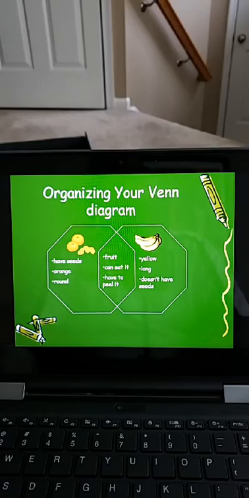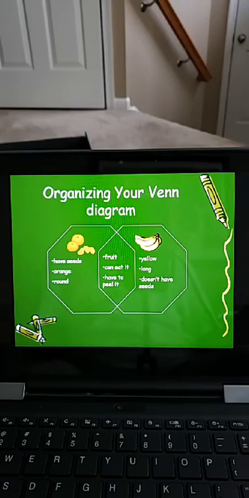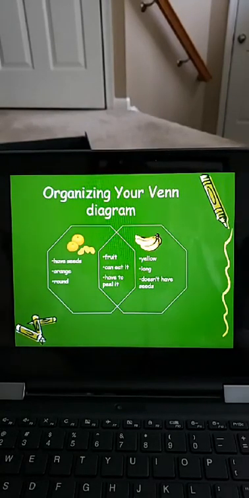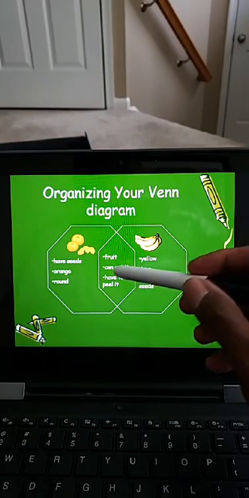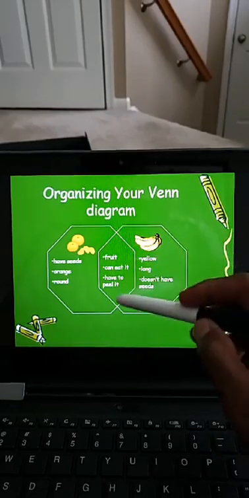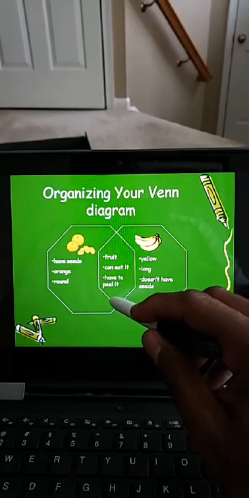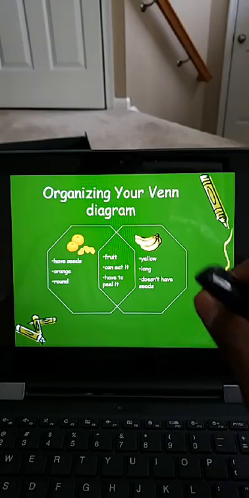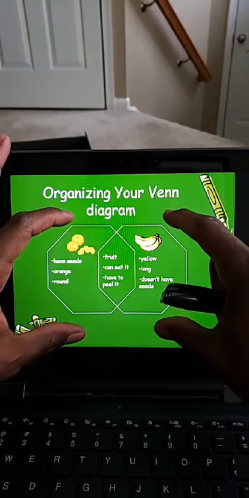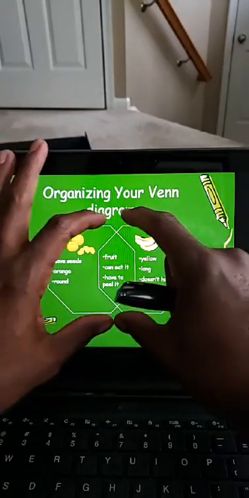This screen here is organizing your Venn diagram. Use the Venn diagram or the double bubble when you compare and contrast. The middle, or the overlapping or the inside of the double bubble, is where you put the information that compares, which means it is the same for both objects or both things that you are comparing and contrasting.